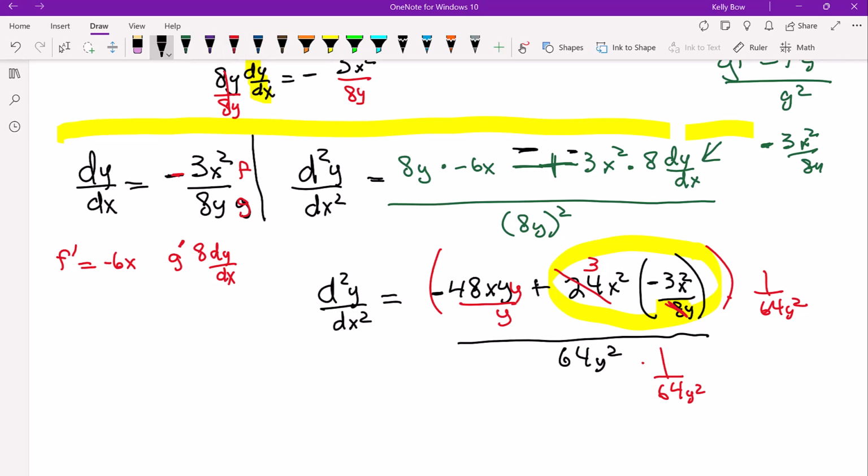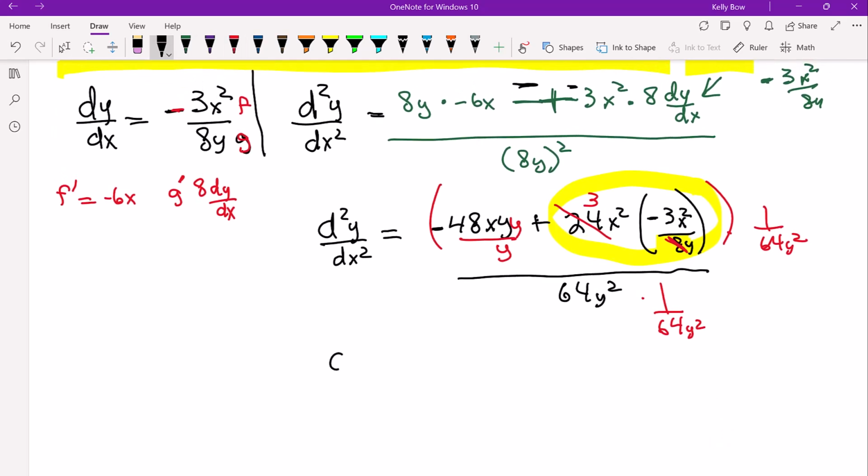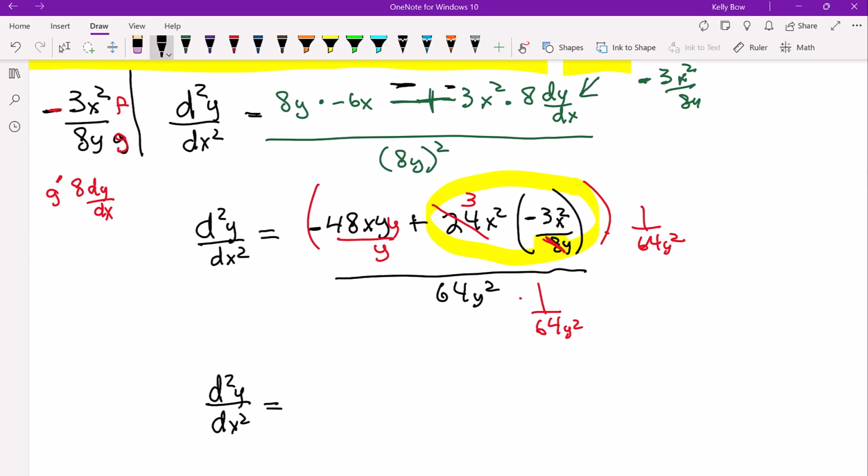So now, when we simplify everything, I'm going to bring this down a little bit more. So 64y squared times y, in the denominator, we're going to have 64y cubed. So that takes care of everything in the denominator.